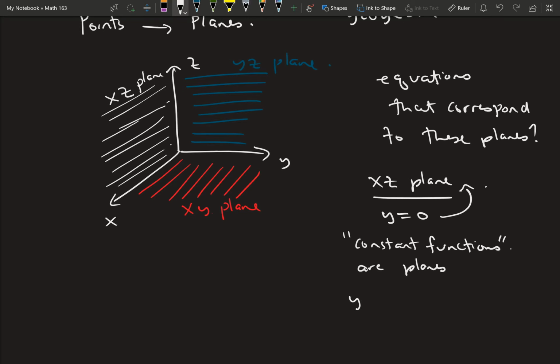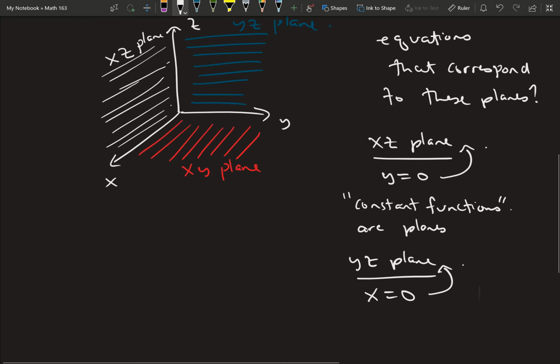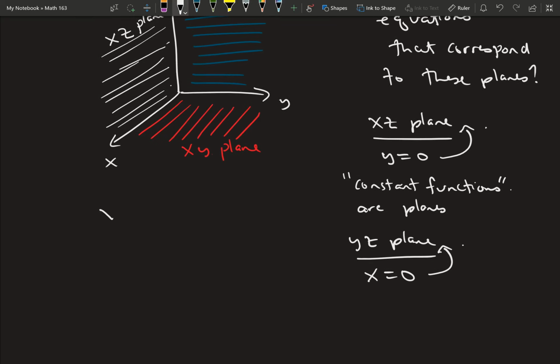Similarly, if you wanted to do the yz plane, you probably guessed already, it corresponds to the equation x equals 0. Because when x is 0, that exactly corresponds to only things that have y and z running. And of course, the xy plane is when z equals 0.